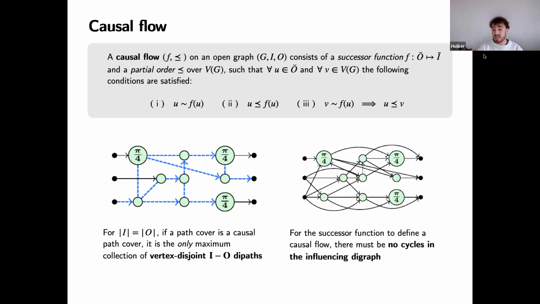One way to think about what the flow conditions are allowing is to look at what's called the influencing digraph, where we draw an arc from every vertex to its successor of the successor function, and also to all of its neighbours.